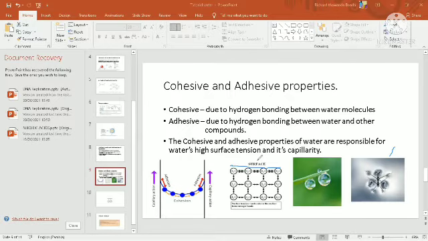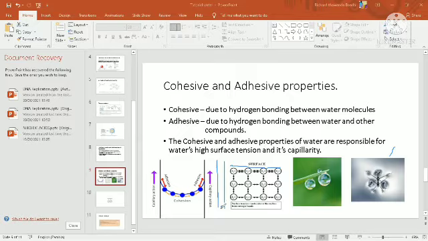One other thing that develops as a result of the cohesive and adhesive properties of water is water's capillary action, where you have, if you had a narrow tube, an example would be in plants where you have xylem cells, which are just tubes of sorts.